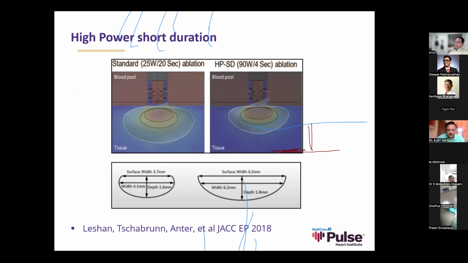I don't know if he's talking about the overall or the lesion depth, because part of it is non-effective ablation, because I think it's only reaching 30 to 40 degrees Celsius. The biggest lesion is only around this area.